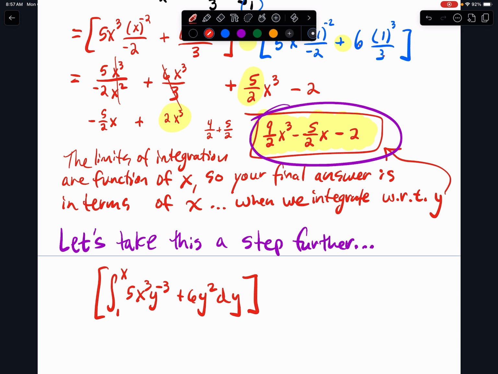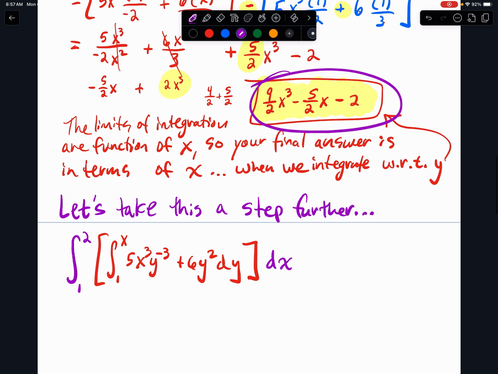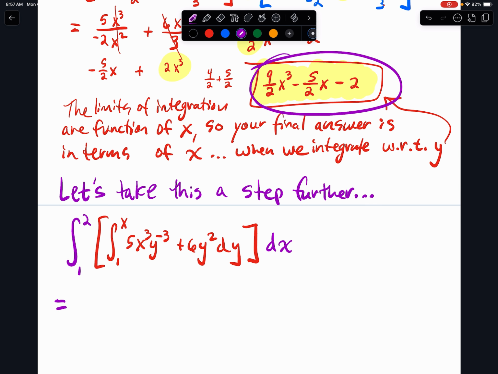Okay, and now let's integrate this thingy from 1 to 2 with respect to x. Now remember that red thing there is equal to what? It's equal to 9 over 2 x cubed minus 5 over 2x minus 2. And we're integrating with respect to x.